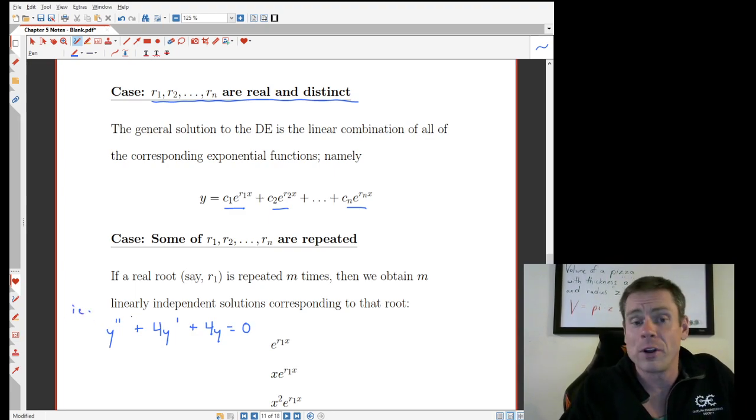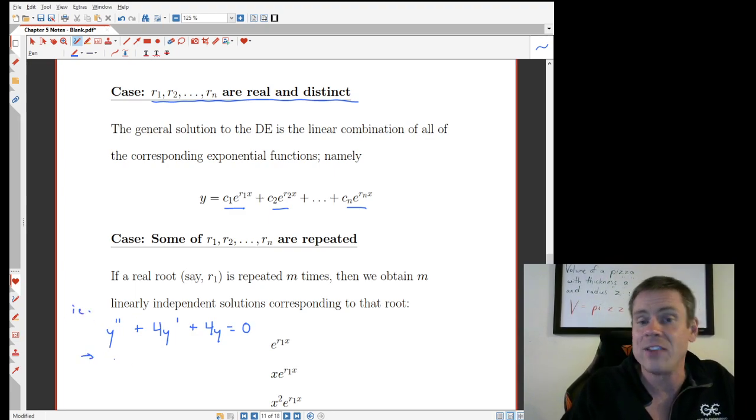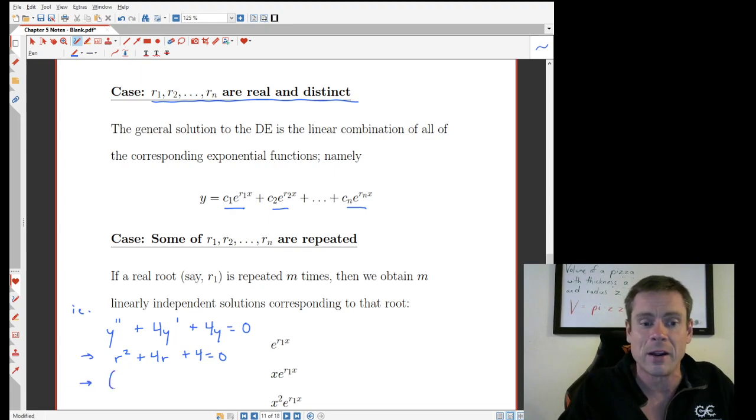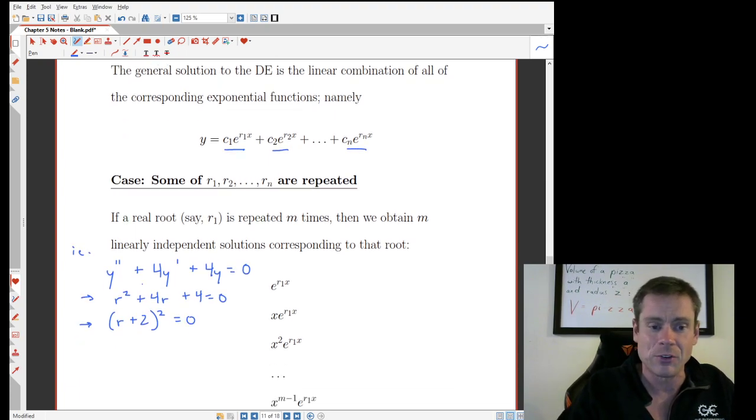This was the second order case, and we would get a characteristic equation r squared plus 4r plus 4 equals 0, and you'll recognize this as being a perfect square. This is (r plus 2) all squared equals 0, and we would obtain a repeated root of r equals minus 2. We would say r equals minus 2 repeated twice.